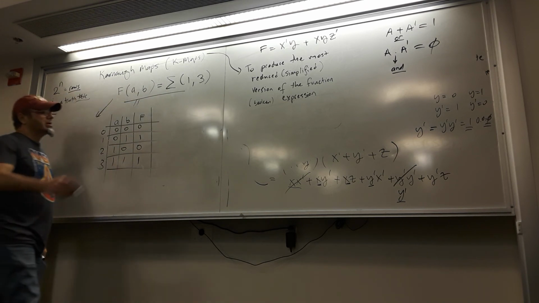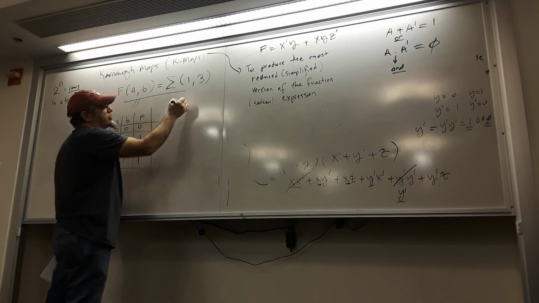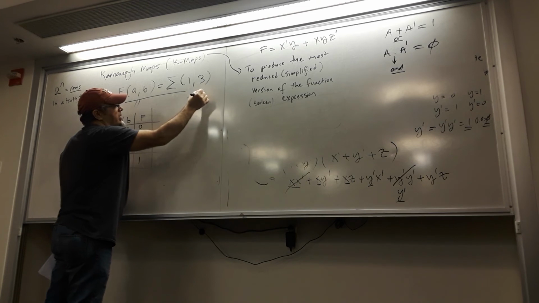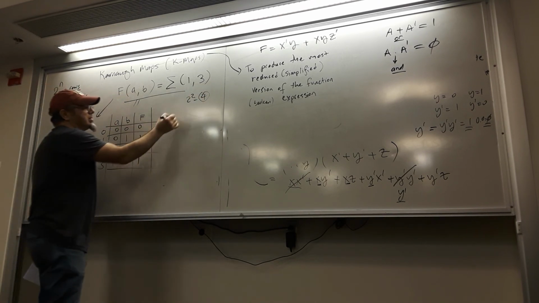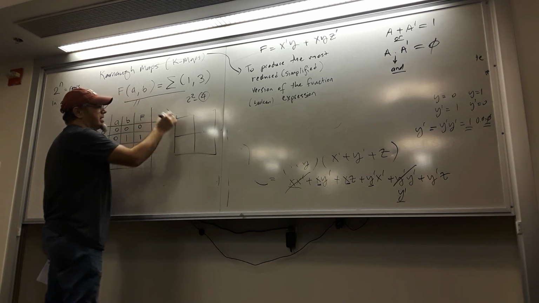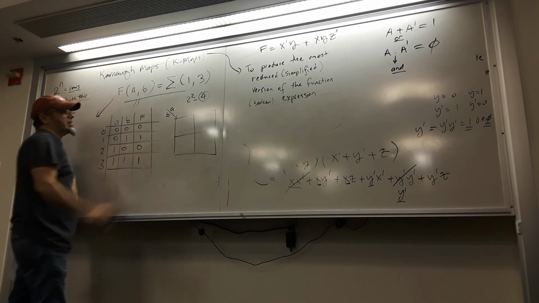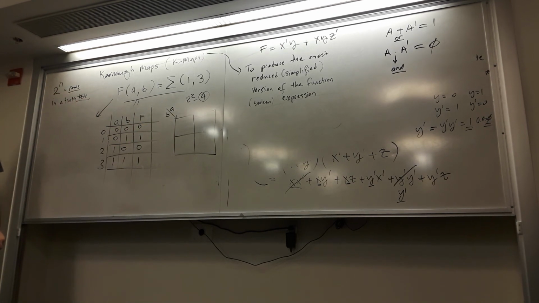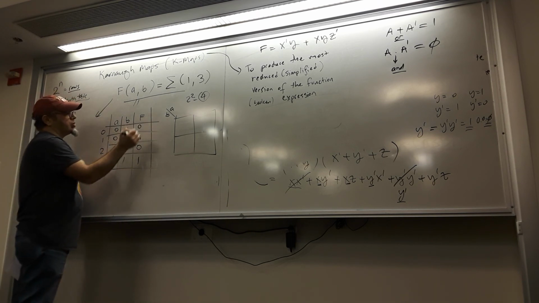All right? So I have two variables, meaning 2 to the power 2 is 4 boxes, 4 cells. So 1, 2, 3, 4, like that. I have an A, I have a B, and every box corresponds to a row.